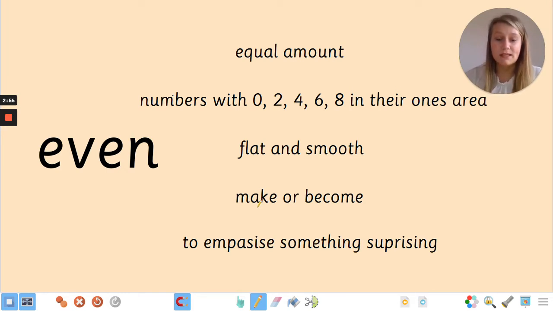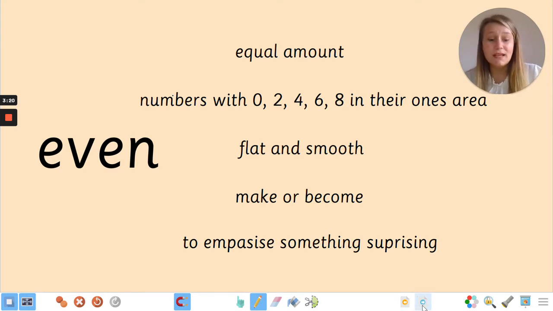So you can use this word in so many different ways. You can also use the word to emphasize something that is surprising. So you could say, and they even did extra homework. Or the children even ate all of the sweets. Okay, and I just think it's really exciting that this is just one tiny little four-letter word that you can use in so many different ways.